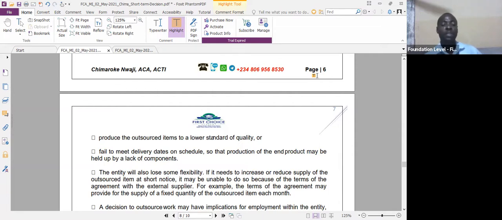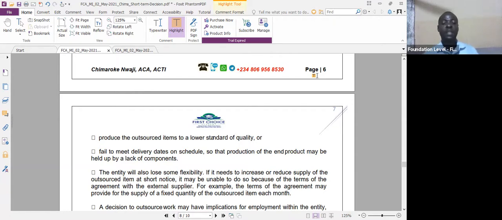Then sometimes the outsourcing company may fail to meet our delivery schedule on date. So we want to supply maybe 300 tomorrow and they have not finished the components or the product that we need to supply. So they may not meet our delivery date. So we may need to call and cancel or push forward delivery dates again, and it's going to affect. So it's a whole chain process.